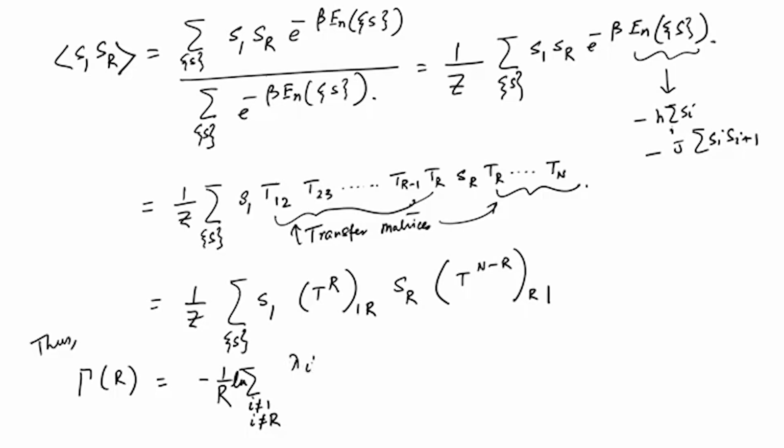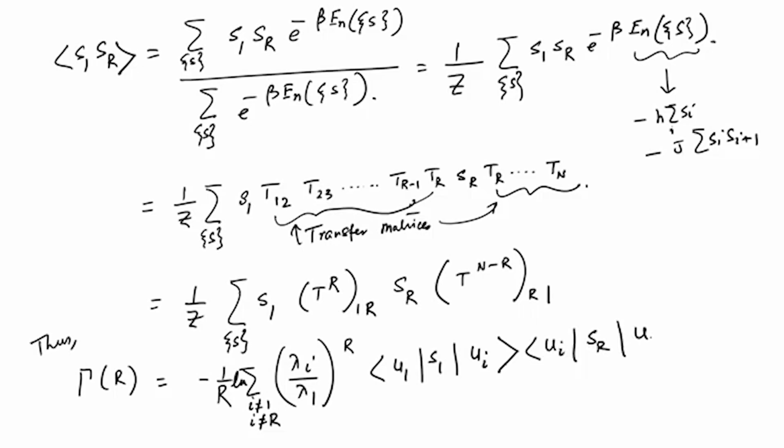We have lambda I by lambda 1 to the power R, and we are now taking this U1, S1 and UI, UI SR U1. U's are the eigenvectors of the transfer matrix, and lambdas are of course the eigenvalues of the transfer matrix.